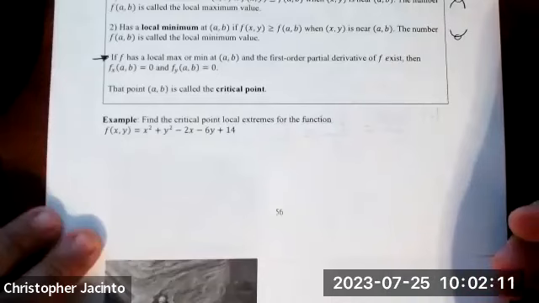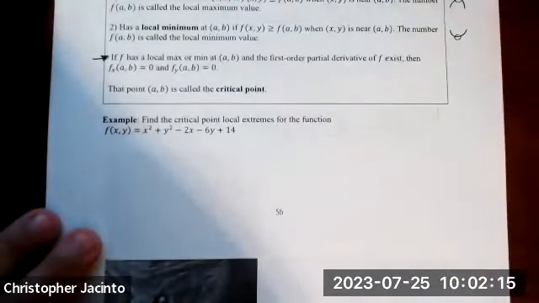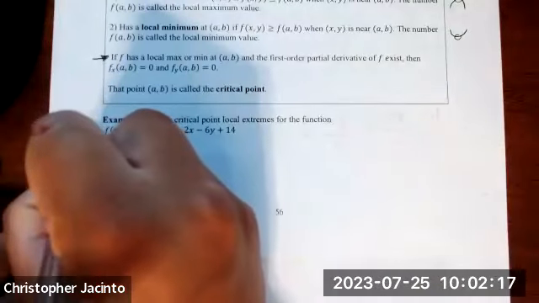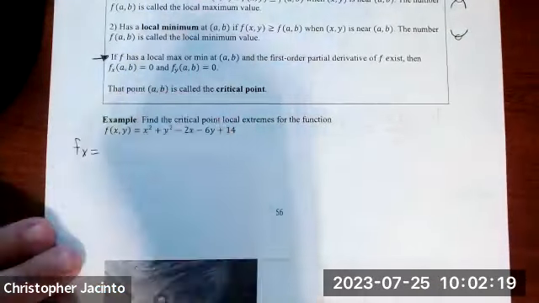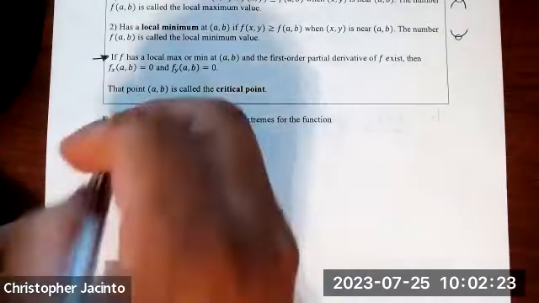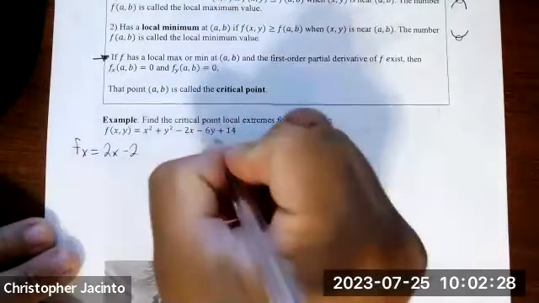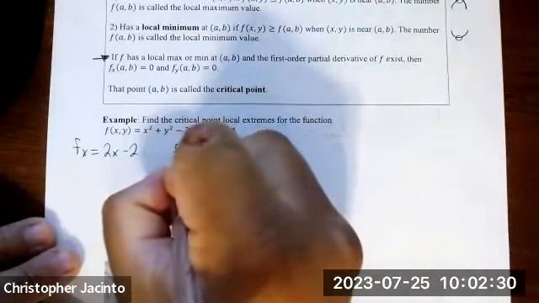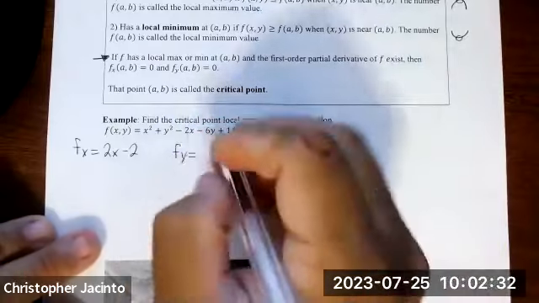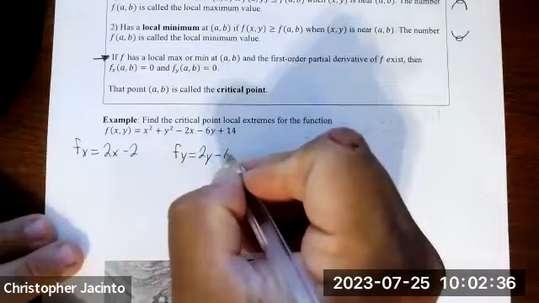So find the critical points and all extreme values of the function here. Okay. So let's first find both partials, and we'll set them equal to 0. So take the derivative with respect to x only. Yeah, that's it. And with respect to y, since we're here anyways. There we go.